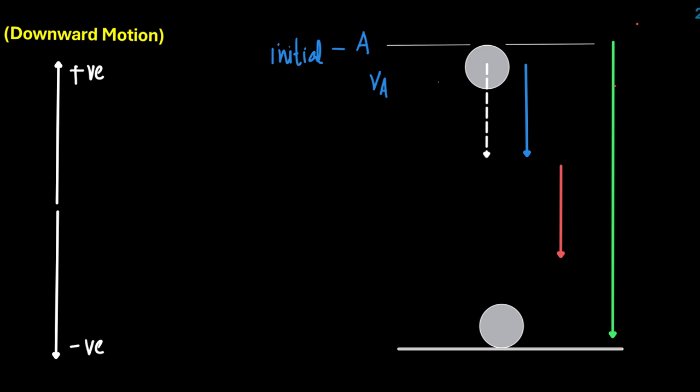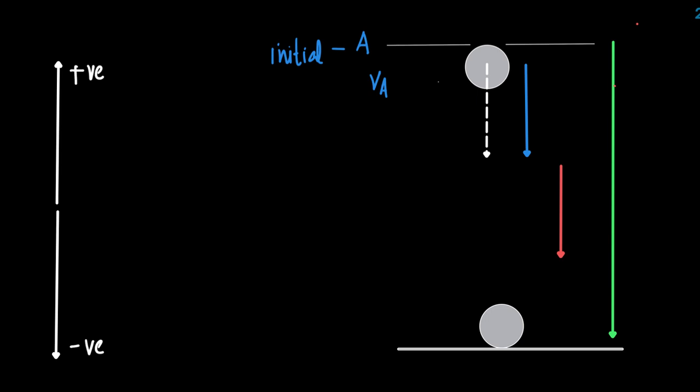I've taken here that the upward motion is positive and the downward motion is negative. So all the variables of the motion, if they are acting upwards, would be considered as positive, and correspondingly downwards would be considered as negative.